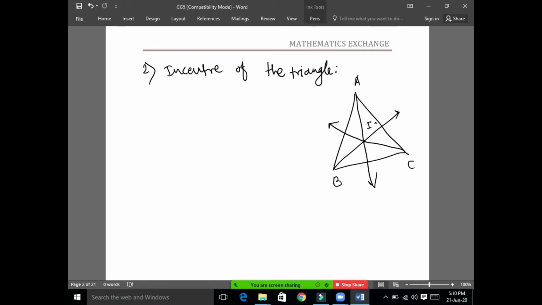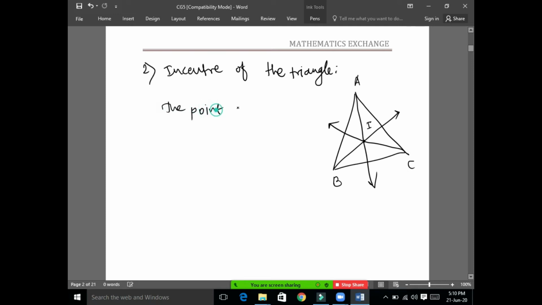It is denoted by capital letter I. An angle bisector bisects the angle into equal parts, and for the incenter we use a formula for finding the coordinates of the incenter.